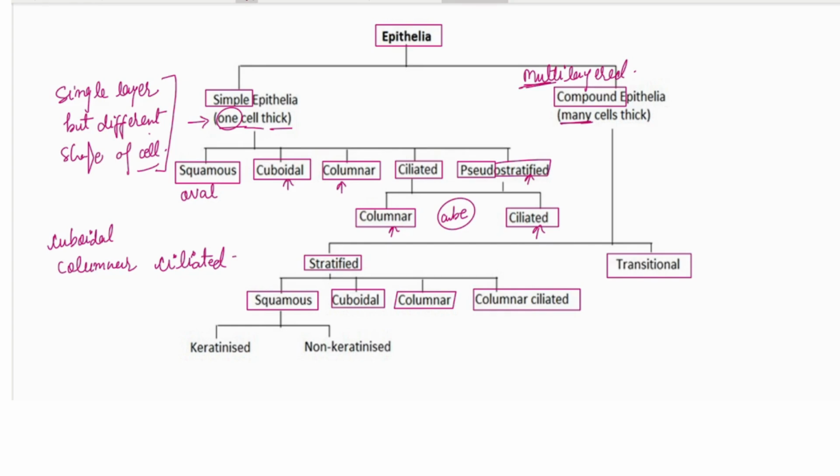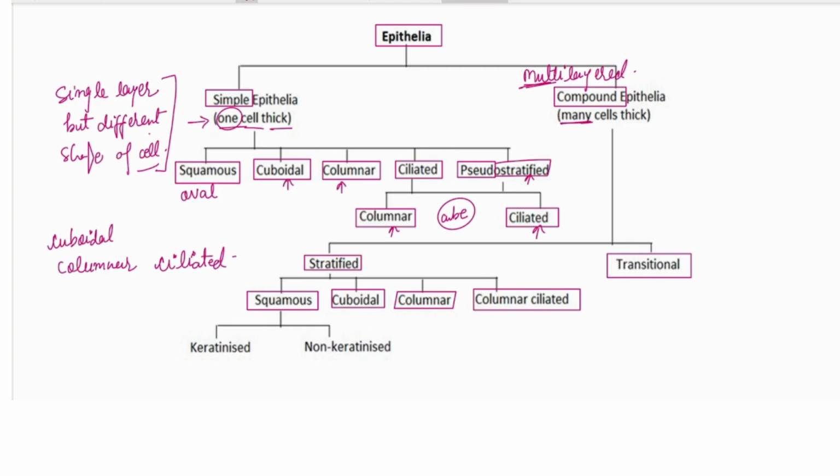Okay, so simply we can say that the compound epithelium is actually more than one layer, and only the layer which is the deepest layer rests on the basement membrane. So the basement membrane would be in between the epithelial tissues. There would be the simple epithelium, maybe the compound epithelium, and there would be a basement membrane, which is non-cellular.